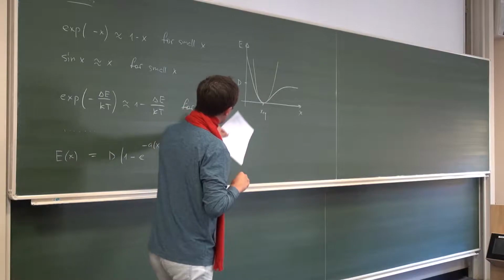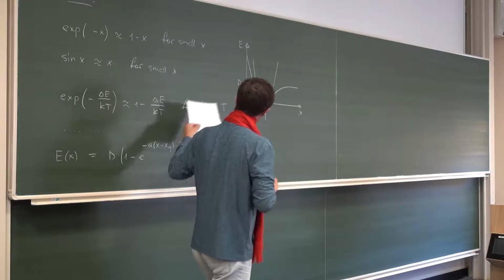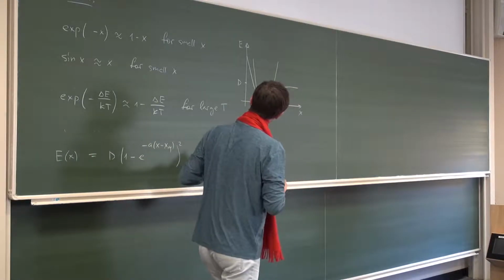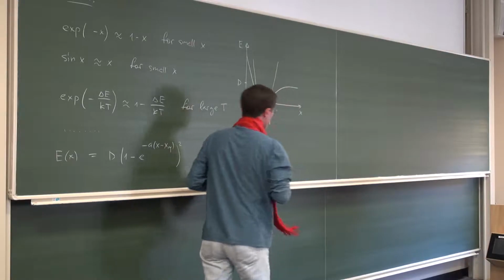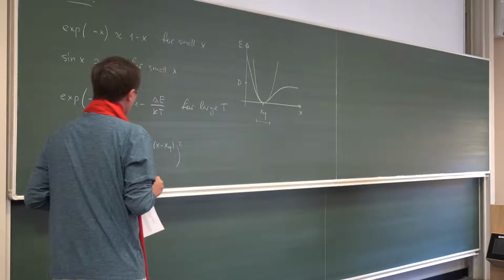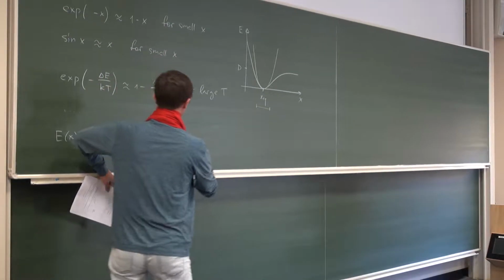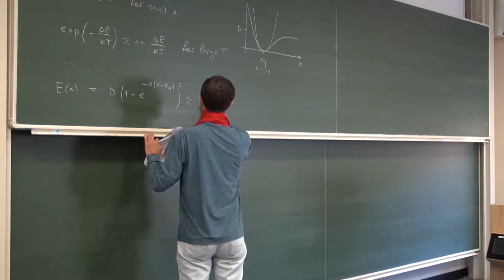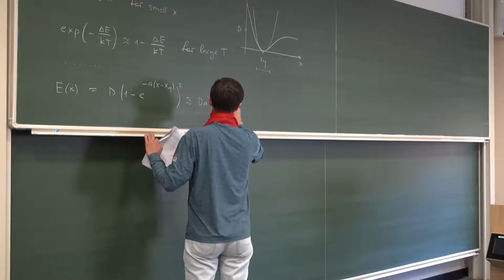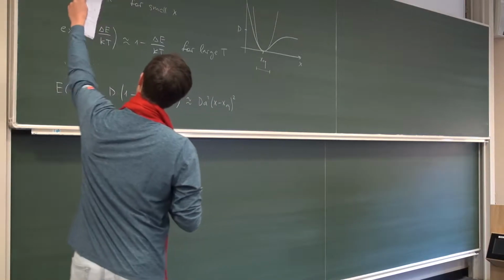Of course, it breaks when we go far away from this in either direction, but in some narrow area in here, it's okay. And we call this an approximation. And again, if we look at what that approximation actually is, this will be D a squared times x minus x equilibrium squared.